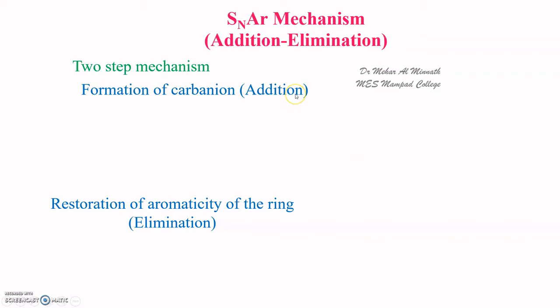When a nucleophile is added to the substrate, a carbanion will be formed and the aromaticity of the system will be disturbed. In the next step, the leaving group will be eliminated, and the aromaticity of the ring will be restored.